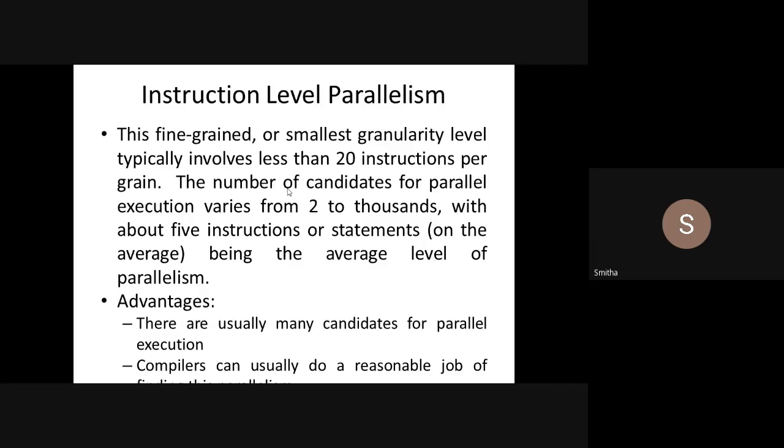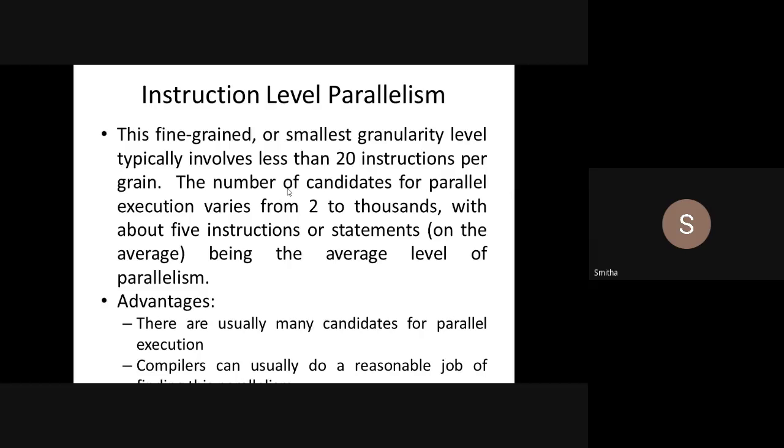The number of candidates for parallel execution varies from 2 to thousands, with about 5 instructions or statements on average. So here you have to remember, in instruction level parallelism we can have less than 20 instructions per grain.